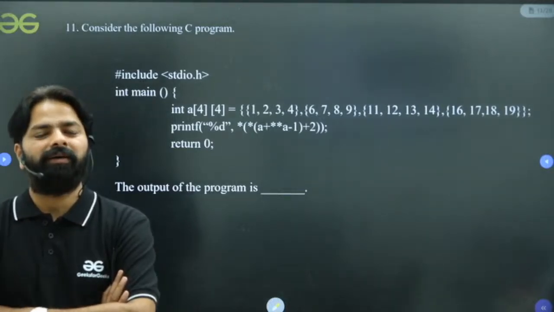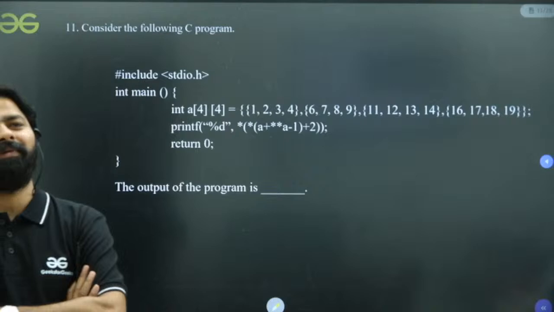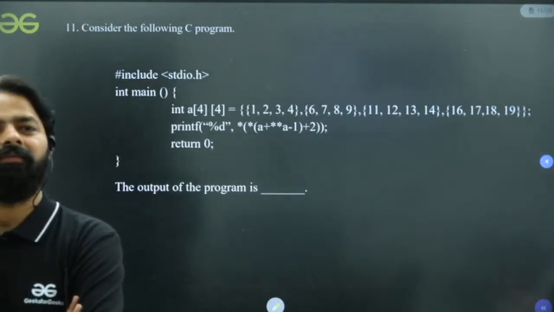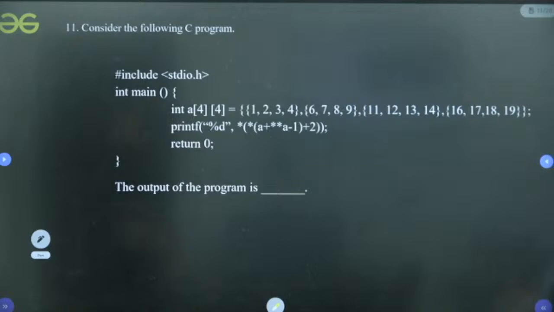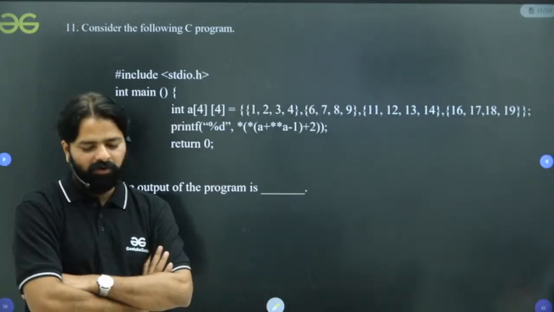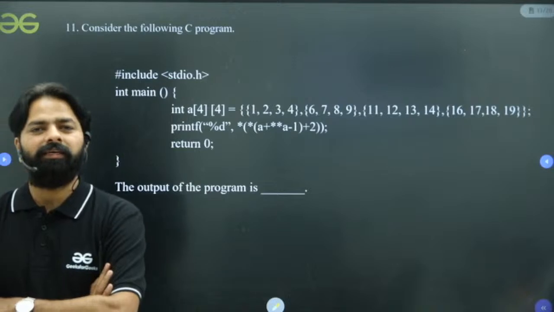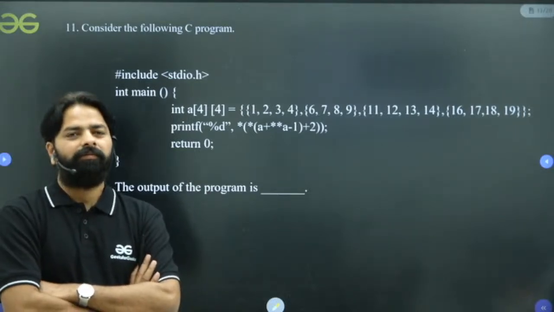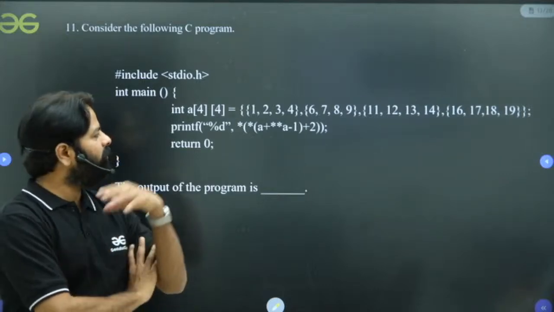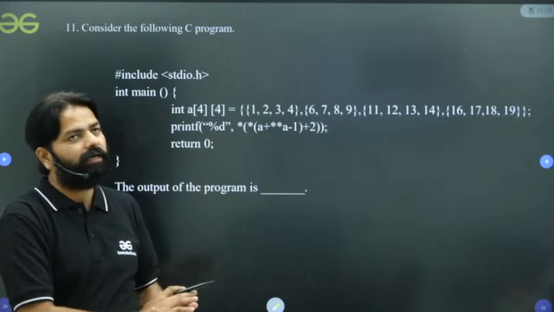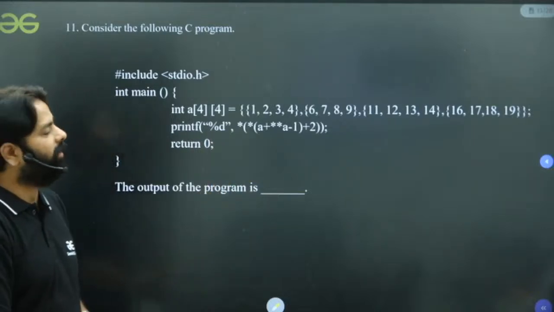The C programs are many, but the concepts are very few. Only thing is you need those concepts. The problem is, even though you know the concept, you are not able to apply it, because you are not looking at it as per the precedence rules or as per the requirement.